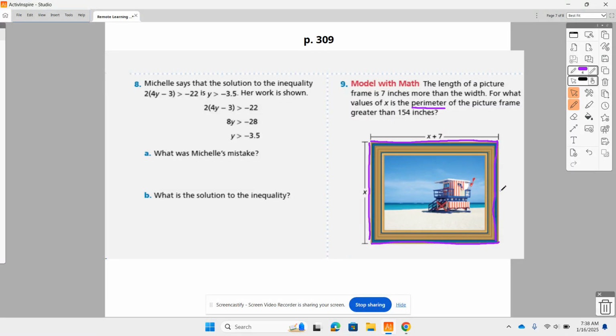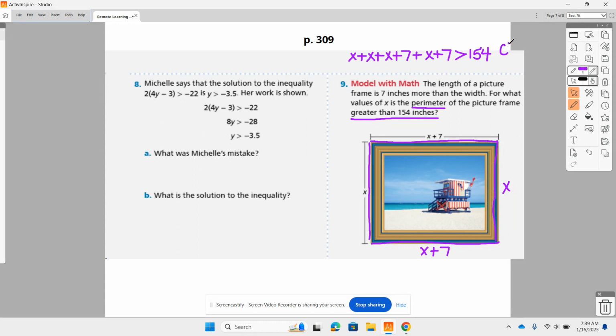So keep in mind that we have x on each side here, the widths, and x plus 7 for the lengths. So if we want to find an expression for the whole perimeter, and we know the perimeter is greater than 154 inches, we'll need to make a big expression. x plus x plus x plus 7 plus x plus 7 is greater than 154. Okay, let's get our like terms together.